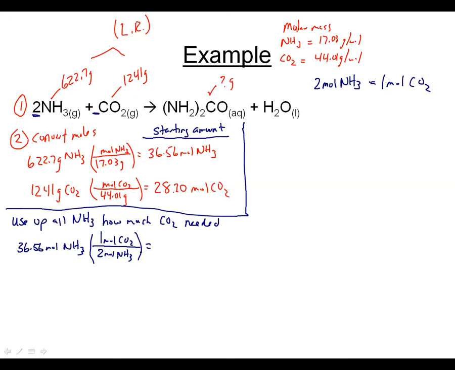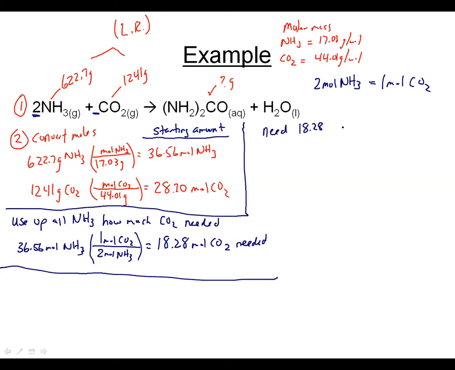So we're going to divide that 36.56 by 2, which gets us 18.28 moles of CO2 needed. So again, this is going to allow us to hopefully figure out which one's the limiting reagent. We need, in this case, 18.28 moles of CO2.